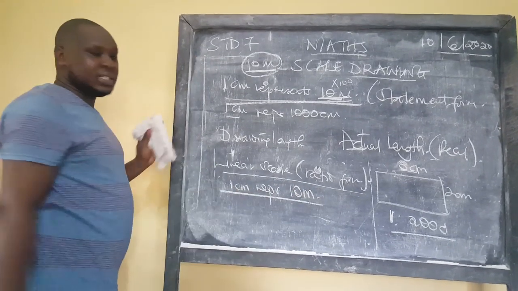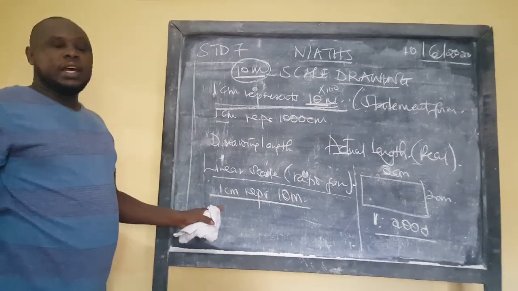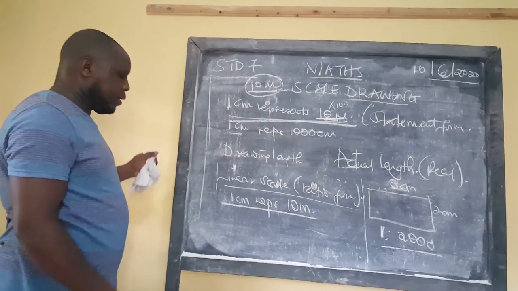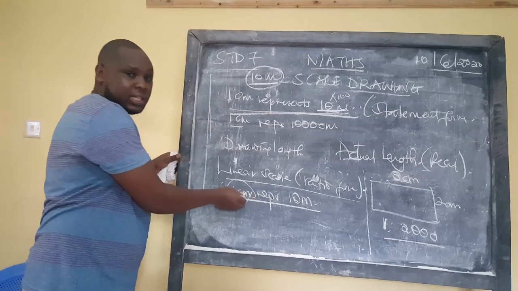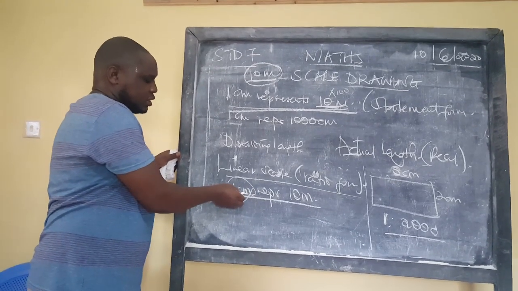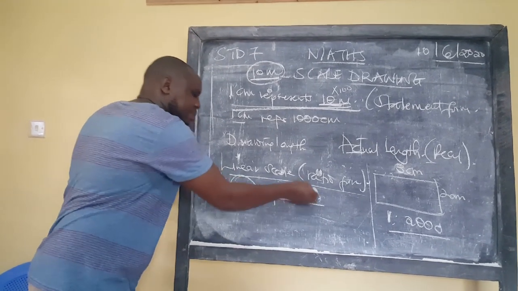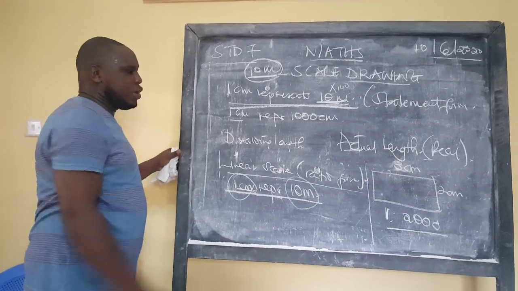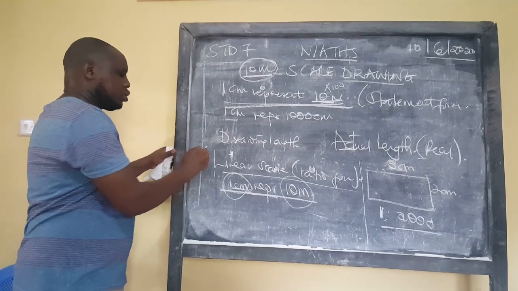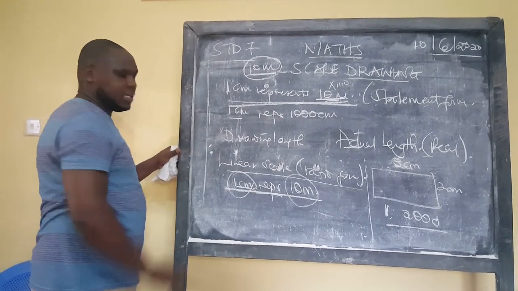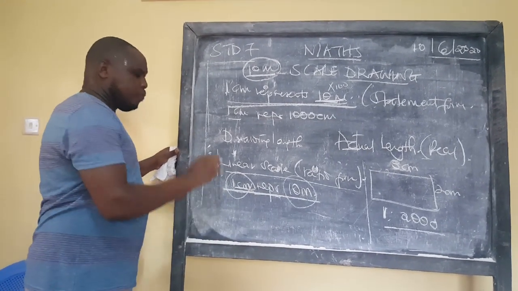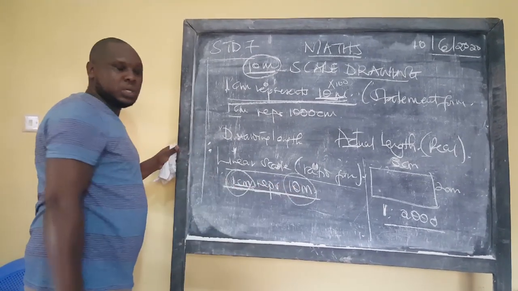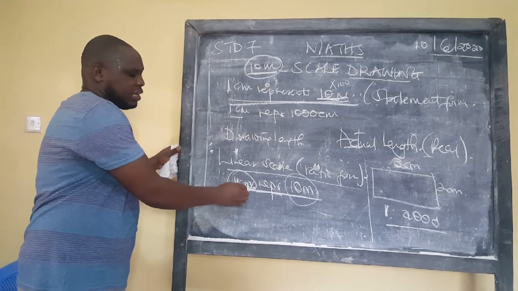You can change this statement scale into ratio form. When we change it to ratio form, the units must be the same. Look at these units, learners. These are centimeters, so the units here must be the same as the units here. And we don't use "represents" here, we use the ratio symbol, those two dots. So for you to write this as a ratio, you must change this into centimeters.